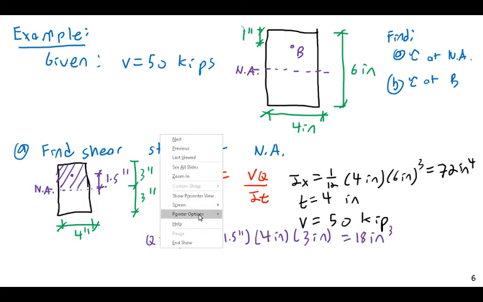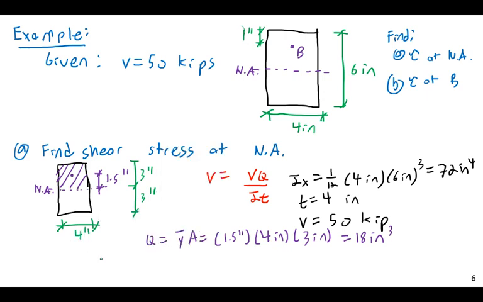And then finally, I can complete the calculation by finding tau. Tau is going to be equal to 50 kips, the V, times the Q, 18 inches to the third, over I and T, which are going to be 72 inches to the fourth, times 4 inches.